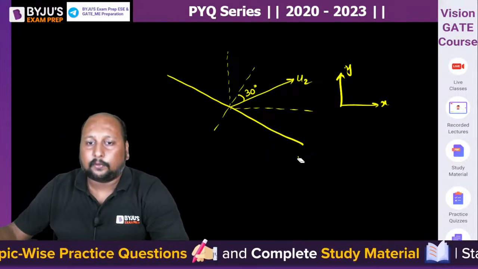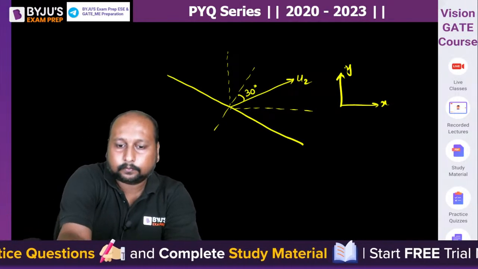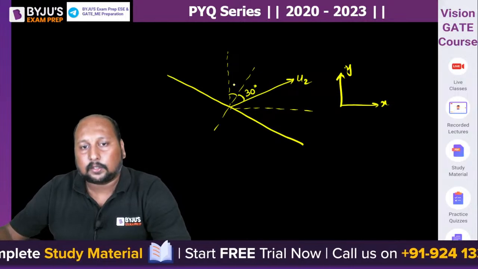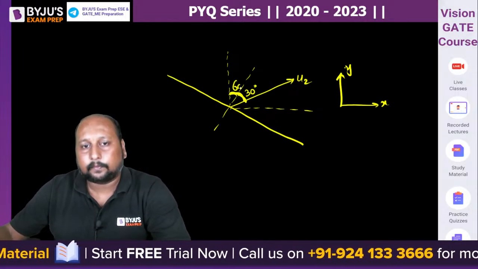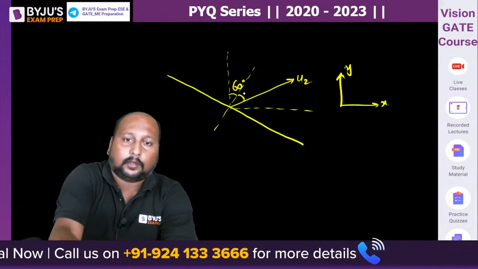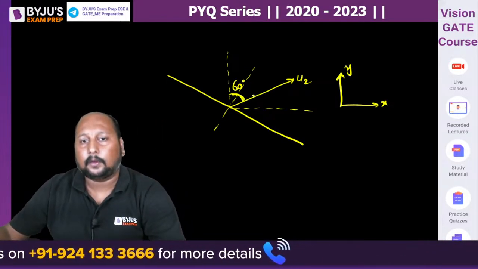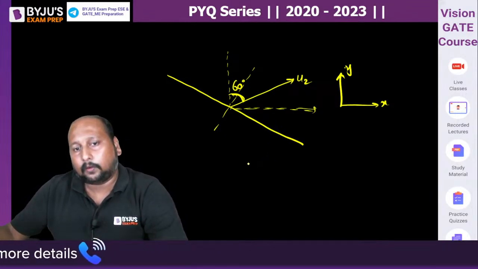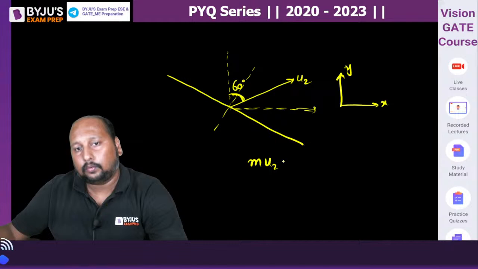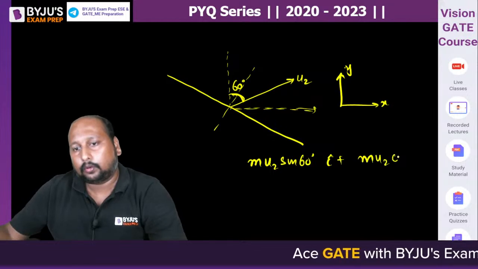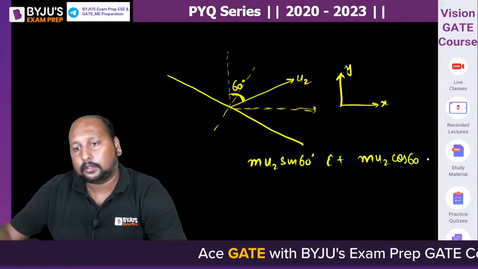Dekho, the only thing you have to do is the calculations. Dekho, this is 30, this is also 30, so this is your 60 degree. The total angle is 60 degree. Chalo, let us do it like this. So I can say along the horizontal direction will be equal to m u2 sin 60 degree I cap plus m u2 cos 60 degree J cap.